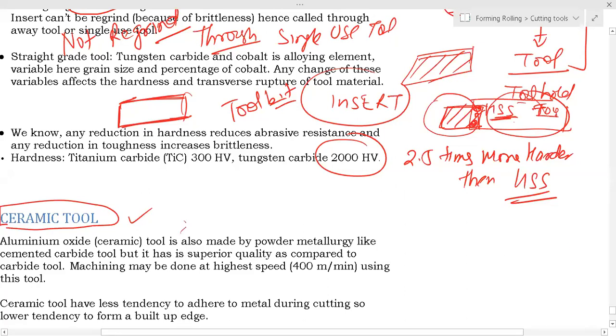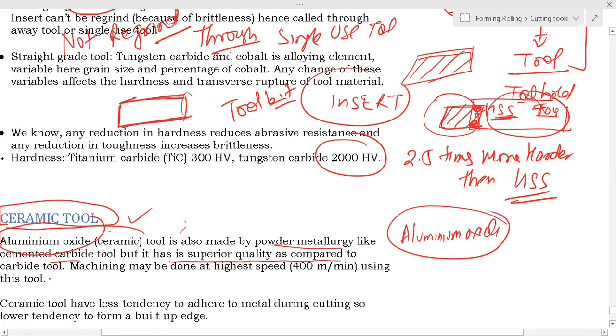So for the ceramic tool, the only difference is that aluminum oxide is used as a powder. Aluminum oxide is used as a powder like cemented carbide, but it is of higher quality compared to carbide tool. Machining we have done at a high 400 meter per minute.